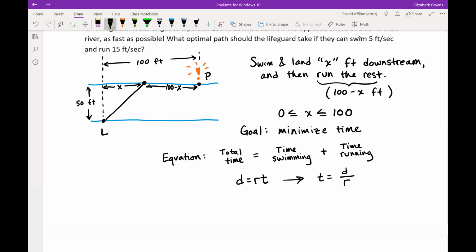So we are going to need to express our time swimming and time running in terms of distance swimming divided by rate of swimming, and then distance running divided by rate of running. Okay, so let's look at swimming here.